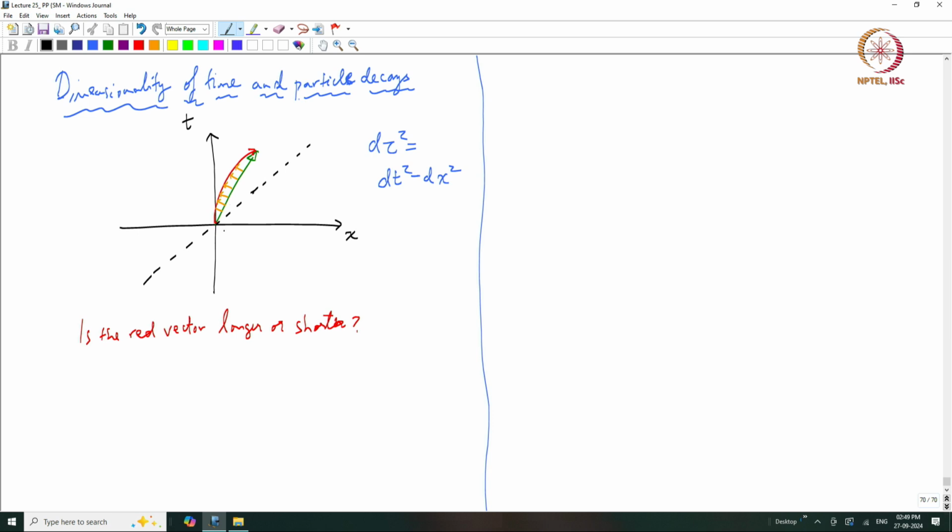I am just drawing these perpendiculars to the green line, to the time-like vector. If I draw something perpendicular to the time-like vector, is it space-like or time-like? It's obviously space-like. Look at this. This orange arrow I am drawing is parallel to the other orange arrows, that is, this orange arrow is perpendicular to the green arrow and hence it is space-like, correct.